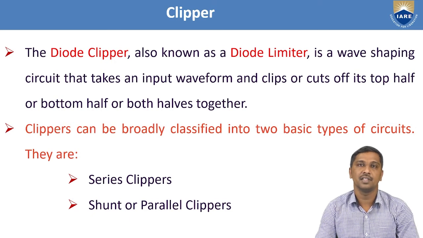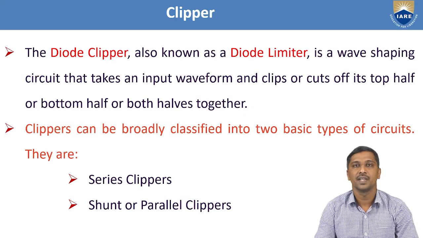That is based on the utilization of the diode in a circuit. Either the output is in series with the diode, or the output is in parallel with the PN junction diode. Based on that, we classify clippers into two types, series clippers and shunt clippers.